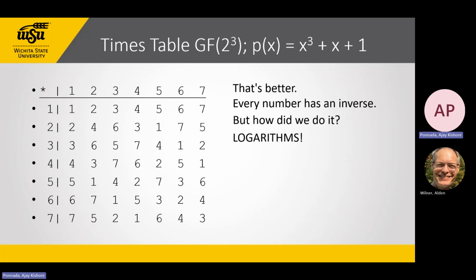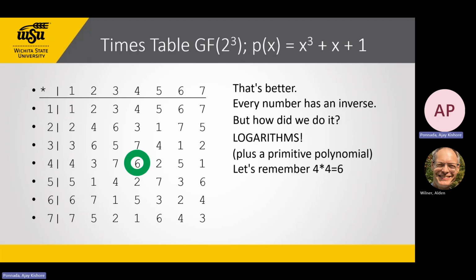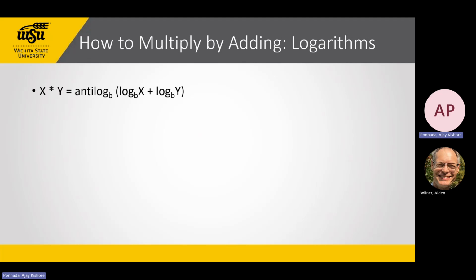So using logarithms. We already discussed logarithms in our very first lecture, plus a primitive polynomial. Let's remember 4 times 4 is 6 in this table, and let's see how we got that. We know this formula: x times y is the antilog of log x plus log y.